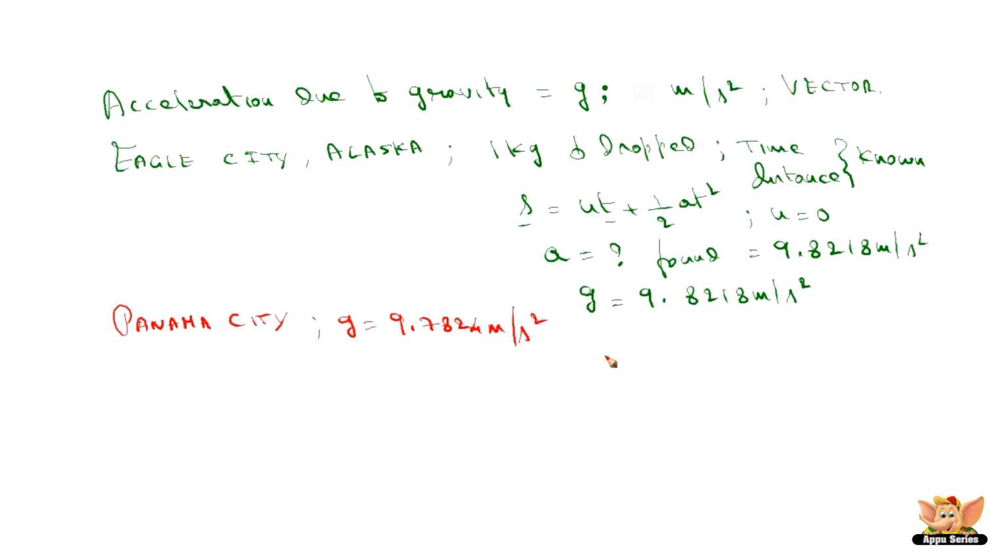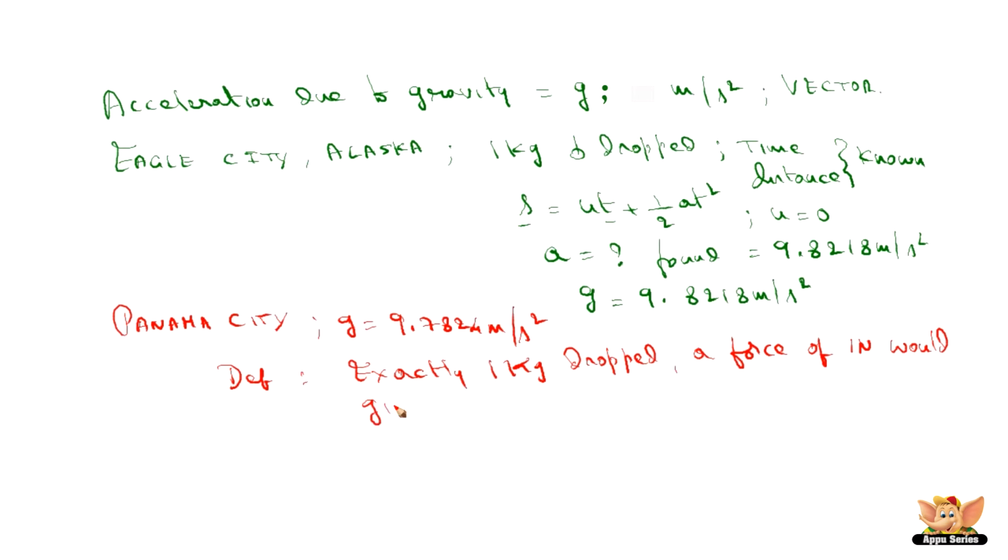When we see the definition of 1 Newton, the definition of force, we know that a force of 1 Newton would give a mass of 1 kg an acceleration of 1 meter per second square, from force equals mass into acceleration.